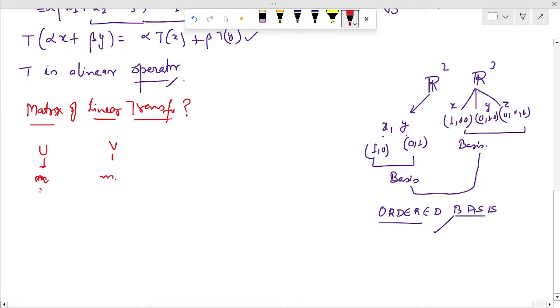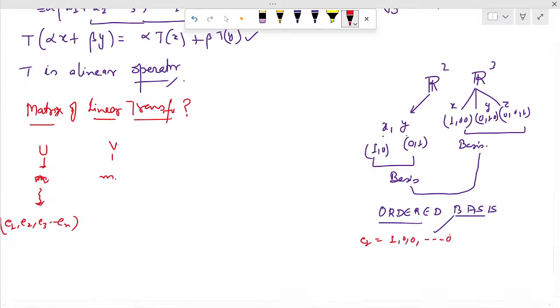Let the basis in which you can span U be E1, E2, E3, up to En. E1 would be (1, 0, 0). These are n elements. And the basis in which V can be spanned is F1, F2, F3, up to Fm.